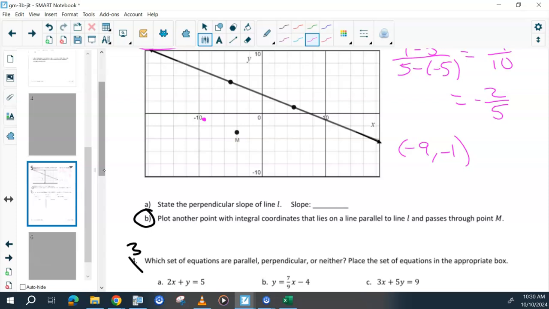It looks like it's somewhere around -6, like y is -6. Yeah, and x looks like it could be -6.